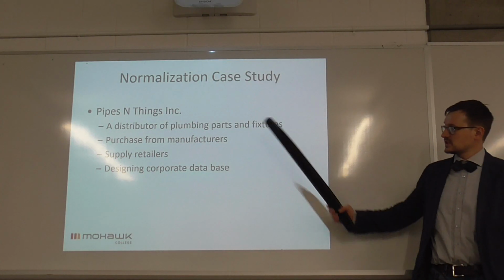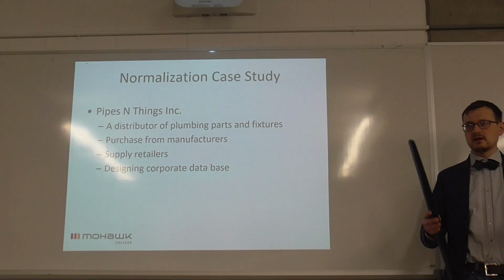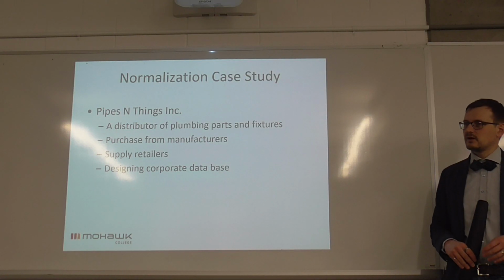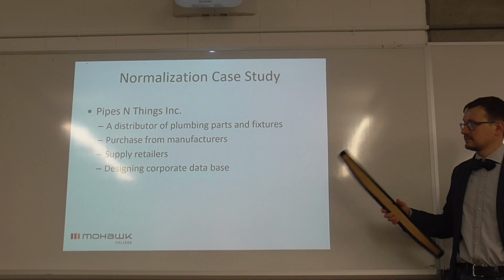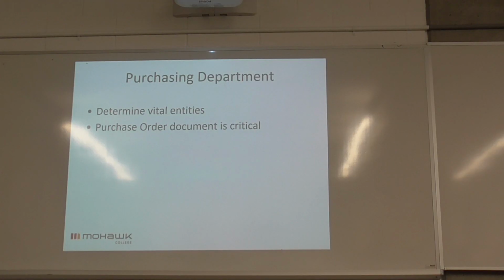They purchase things from manufacturers and supply retailers, so they're kind of like a middleware, you know. They're mid-level retailers, these guys. We are designing a database. Our first objective is to determine what the entities even are in the first place.